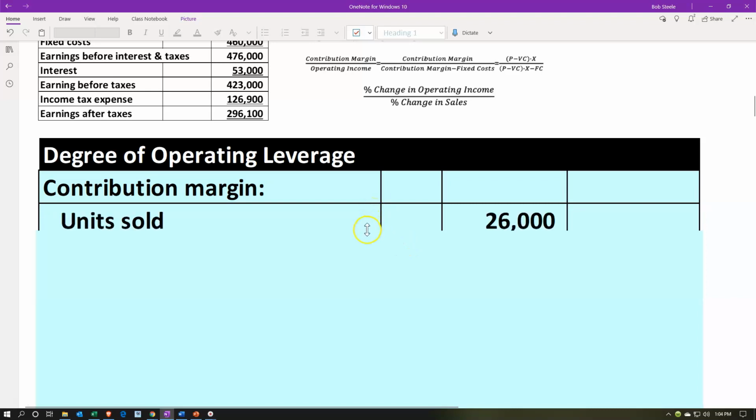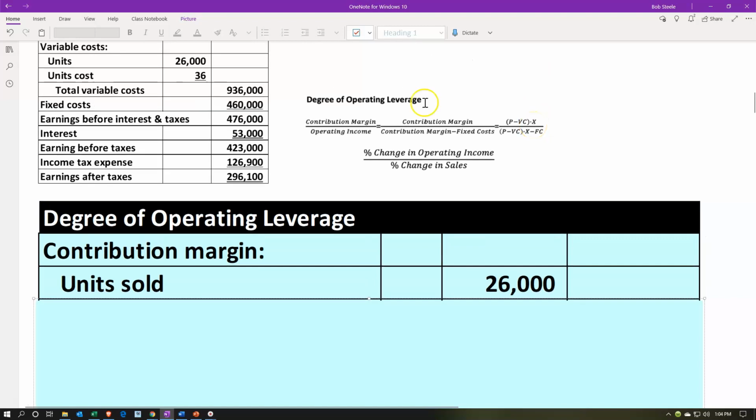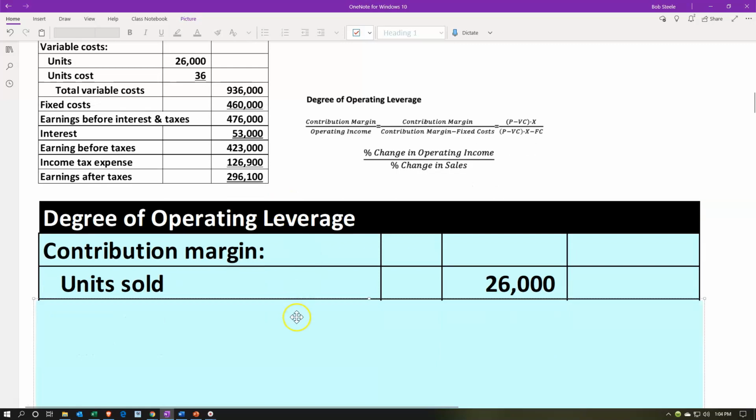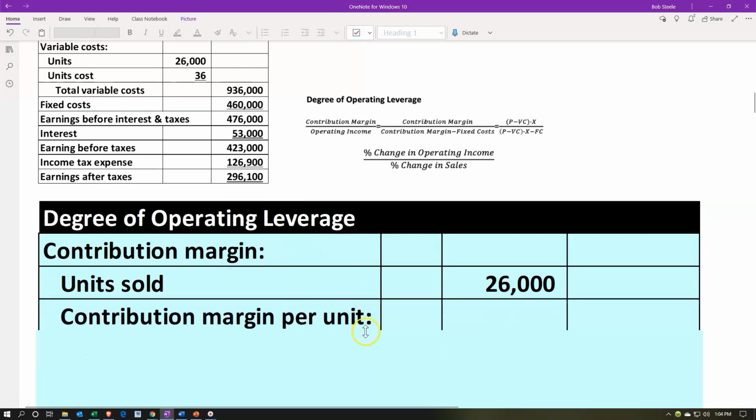So we've got the contribution margin, colon, that's going to be the units sold. That's going to be X in our calculation. That's how many units we're going to sell, and we have the 26,000 units that we're taking from our information up top. We're then going to take the contribution margin per unit, calculating that.